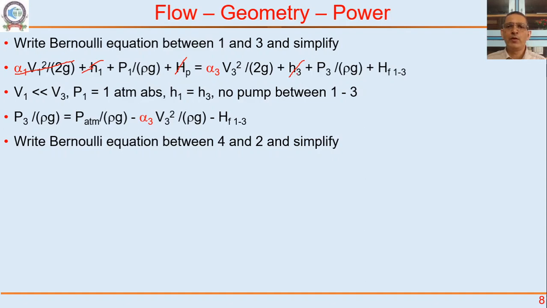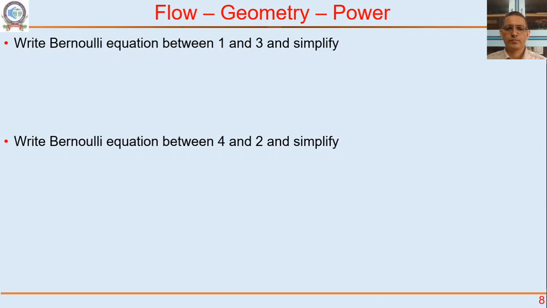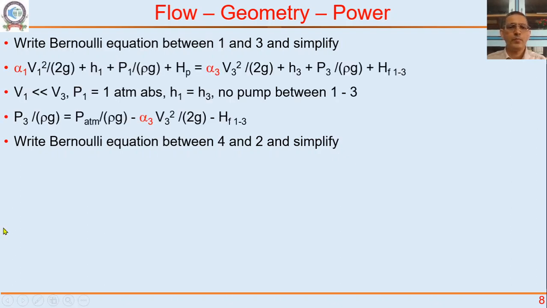Then P3 by rho g would be equal to P atmospheric divided by rho g, minus alpha 3 V3 square by 2g, minus HF between 1 and 3.